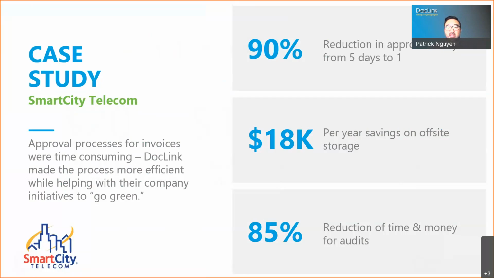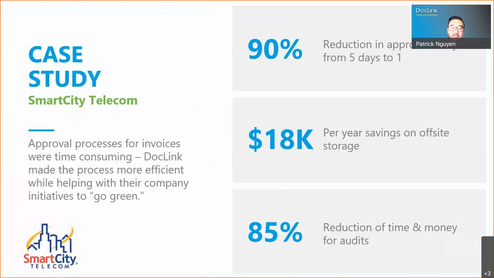And with DocLink, they are entirely paperless. All their accounting records are now available and accessible through DocLink electronically. Items can no longer be delayed because they're sitting on someone's desk or inadvertently thrown in the trash, right? Invoices were actually getting lost and misplaced or tossed.